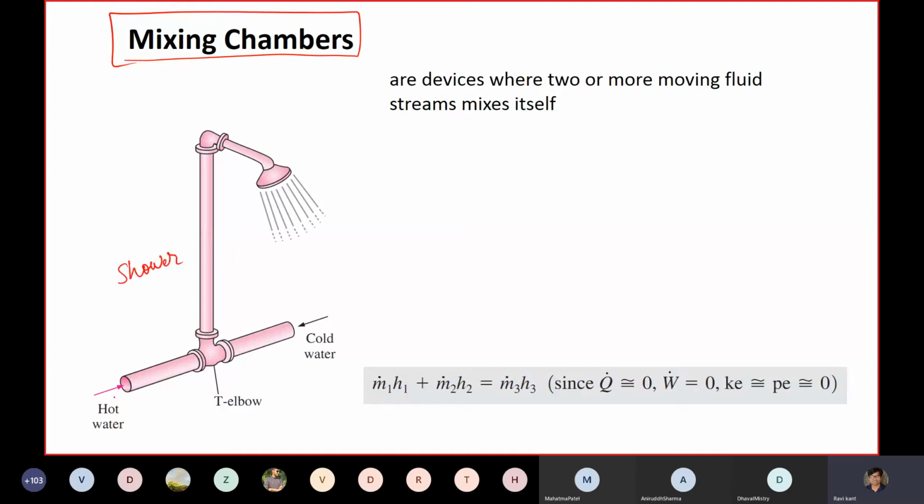In your shower, you have a hot water inlet and a cold water inlet, and they combine and mix, and you get optimally heated fluid through the shower. So essentially these are devices where two or more moving fluid streams mix.